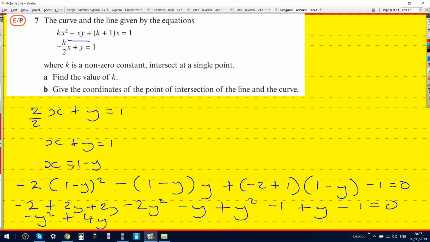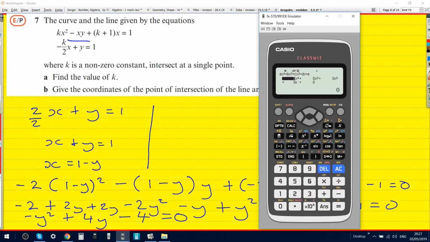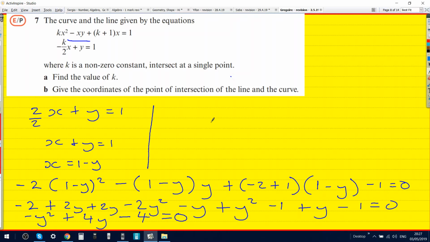Oh, there's another minus 1, so minus 4. And then so I get 2, and that's twice. Oh yeah, because they said it intersects at a single point. So y equals 2.